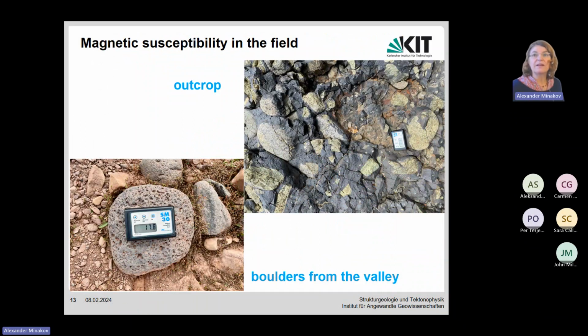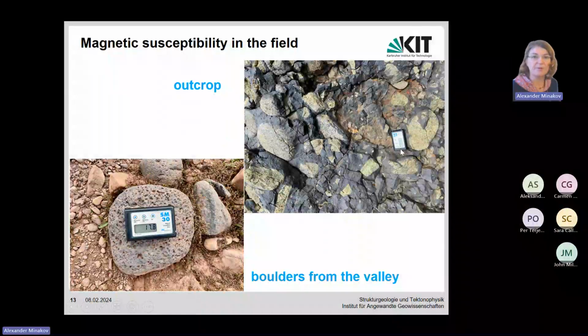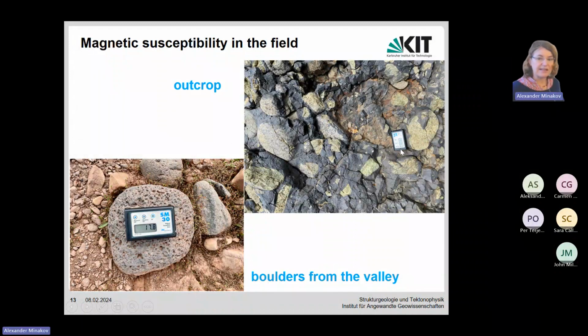But in the field, we have also done magnetic susceptibility measurements using a handheld kappa meter. So we see this handheld kappa meter here. It's like your cell phone. It's very small. You can take it and use it, and you can get magnetic susceptibility.